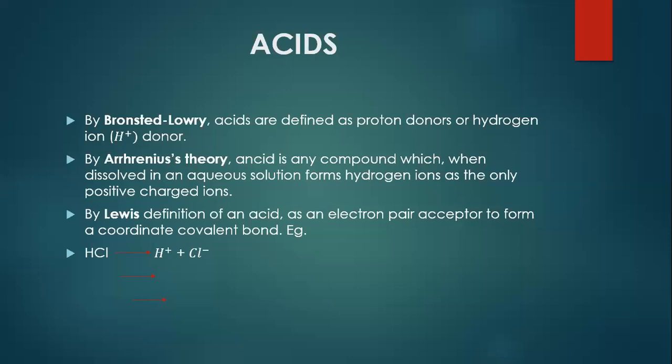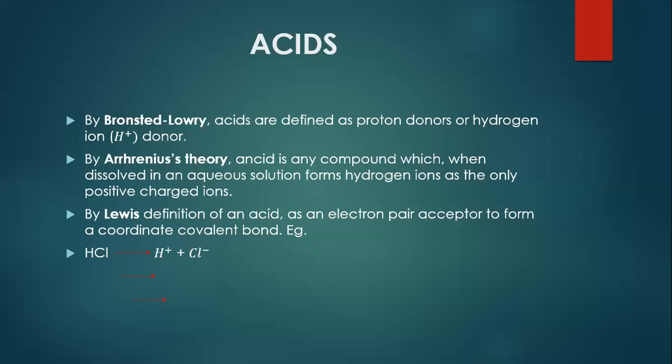Now this HCl in an aqueous solution will ionize to give you hydrogen ions and chloride ions. So what you can see here, it is giving out hydrogen ions when dissolved in an aqueous solution.